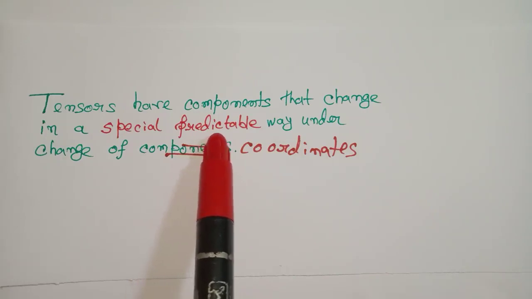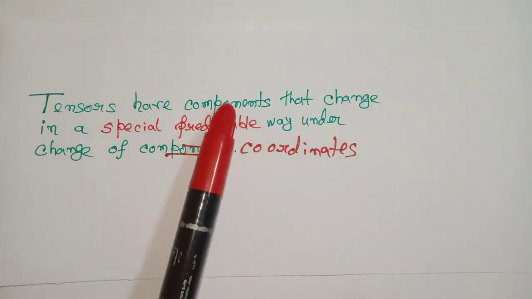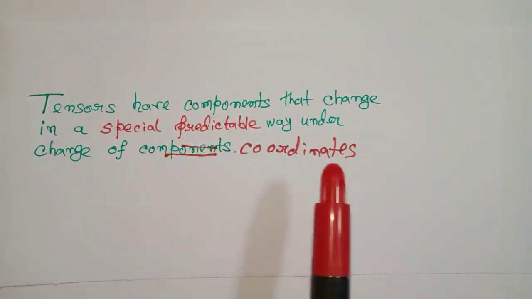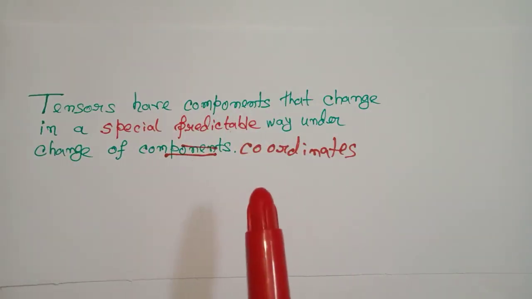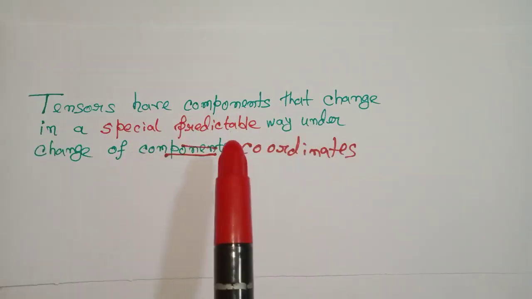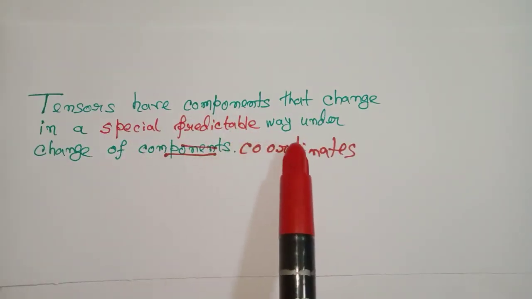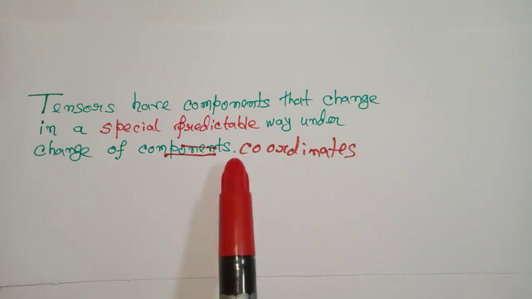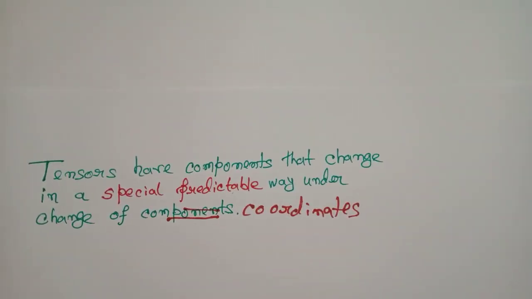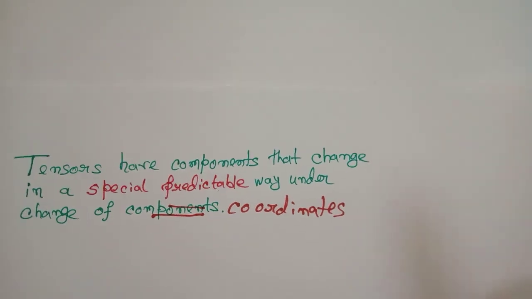If we get a predictable manner in which these components are changing, say we have an x-axis and it is leaning towards something, then we can do our calculations in a better fashion. So tensors have components that change in a special predictable way, which makes the calculation easier under change of coordinates. Let us see what we mean especially by change of coordinates.